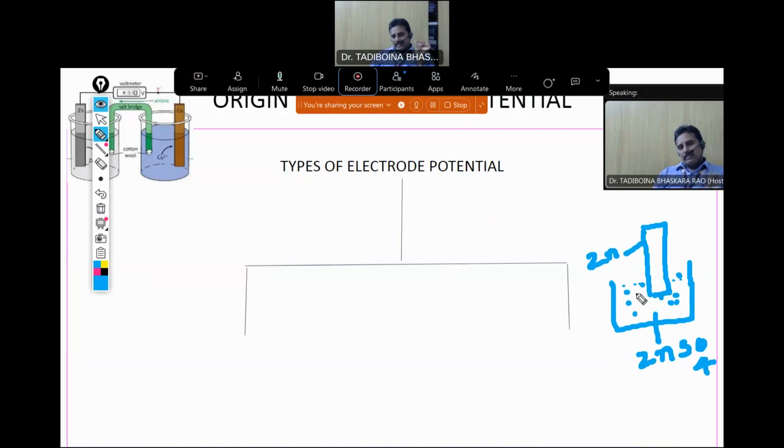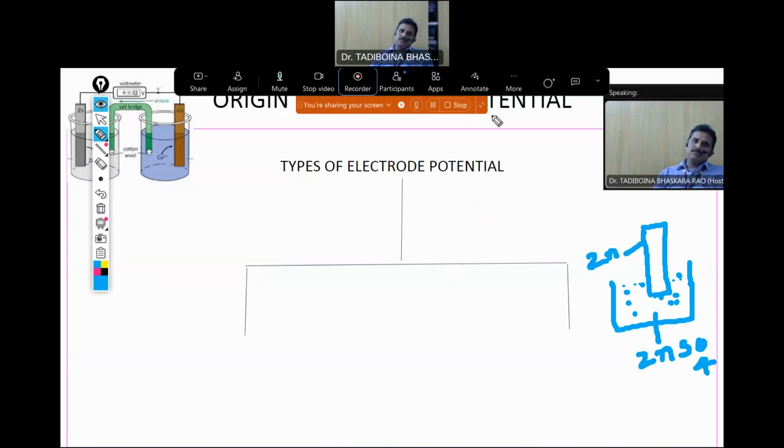The tendency of the electrode to lose the electrons is called the oxidation potential. The tendency of the electrode to gain the electrons is called the reduction potential.